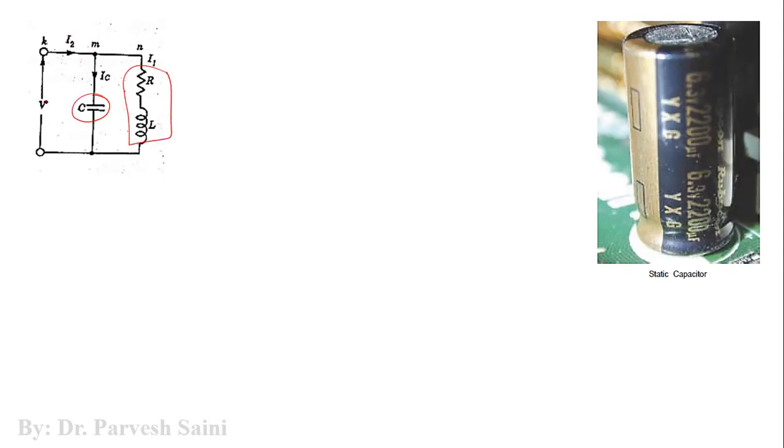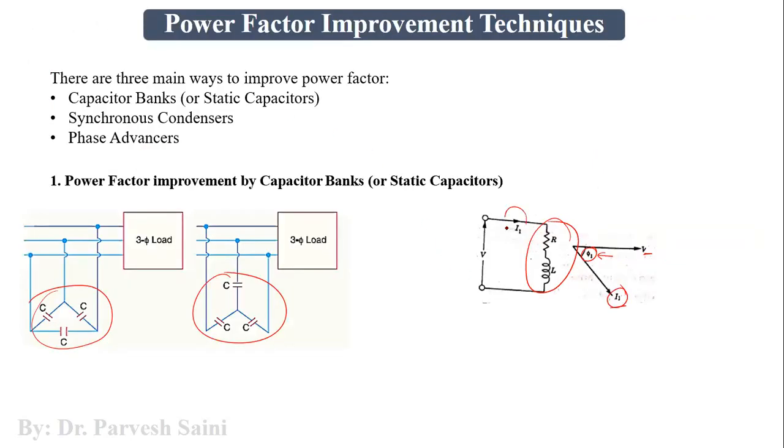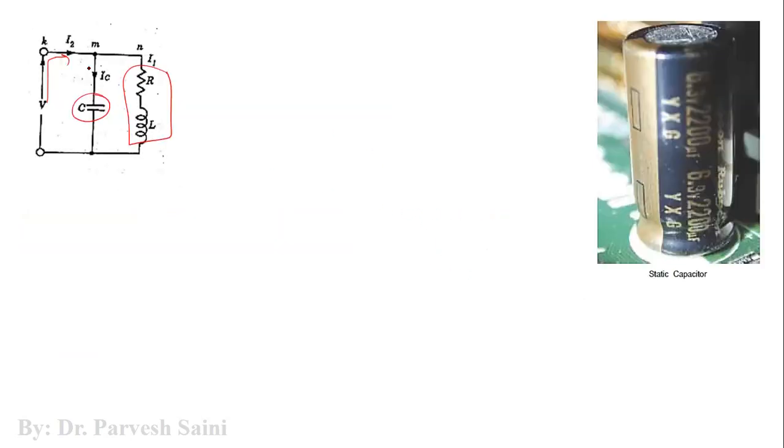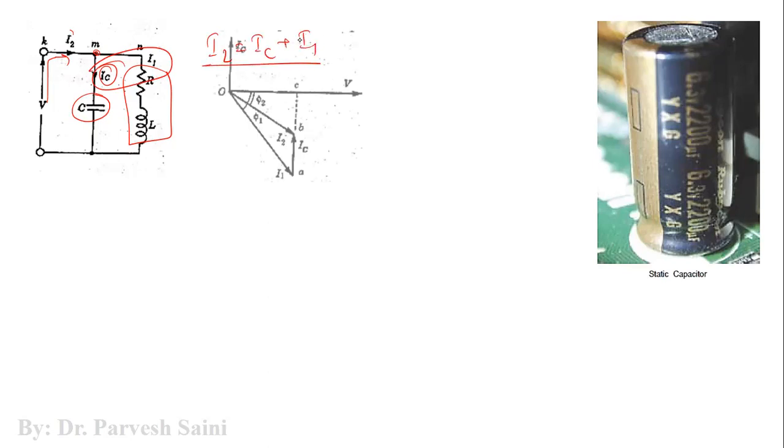So the current which is provided by the supply earlier, which we were saying is nothing but I1. Now this I1 current is still flowing in the load, but now the supply current will have one more component, which is the capacitor current, right? Now we have the resultant of these two currents, okay, so that is, let us say, I2. So I2 is IC plus I1, right? So it is the resultant, right?